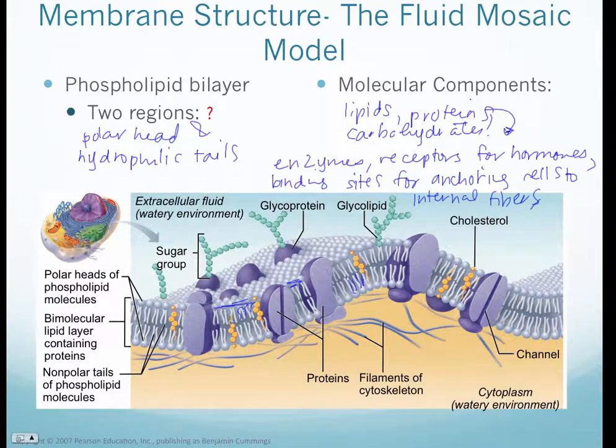And these glycoproteins can also determine your blood type. So lots of different functions.